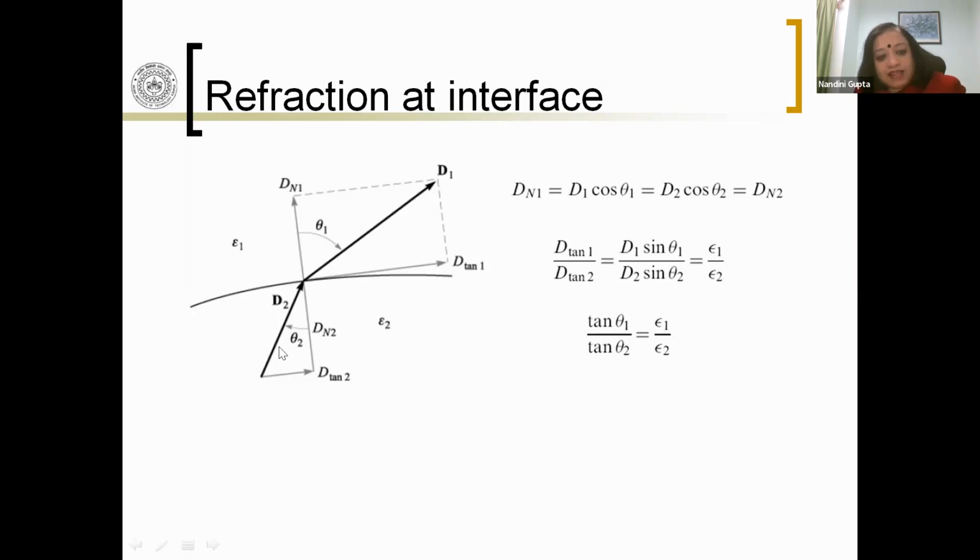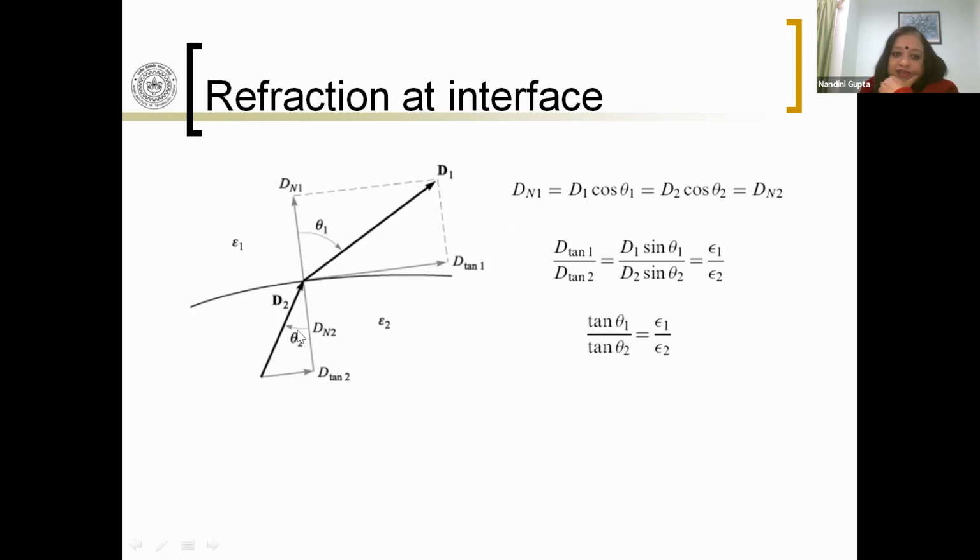When you have a flux line entering through a particular medium and reaching an interface between two media, it will be deviated from its original path, similar to a ray of light, and it will be refracted such that the angle of refraction changes.